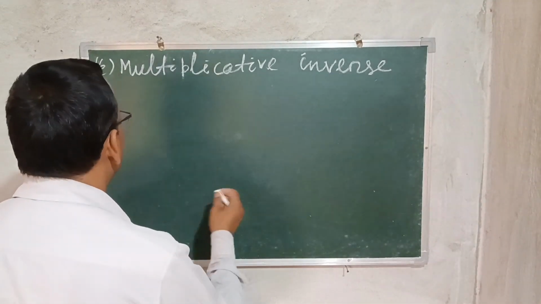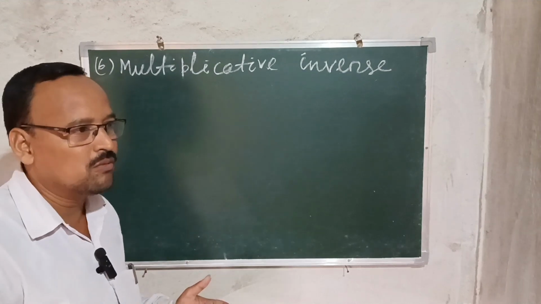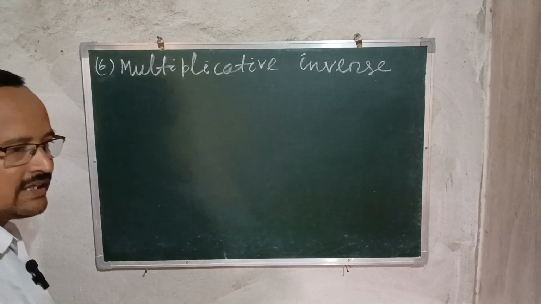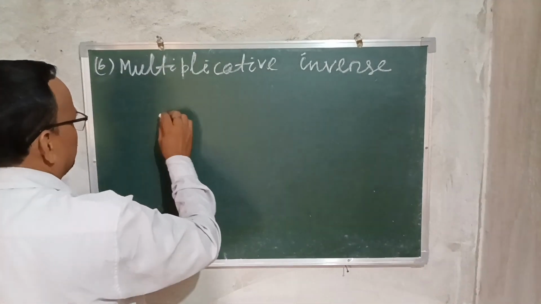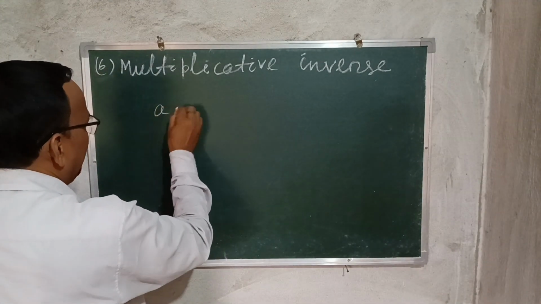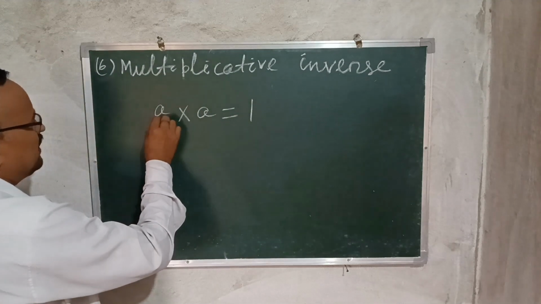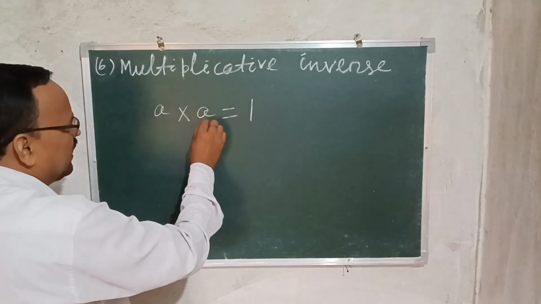Now, when is the multiplicative inverse of a number equal to that number itself? Suppose a into a is equal to 1, the multiplicative inverse of a is a.